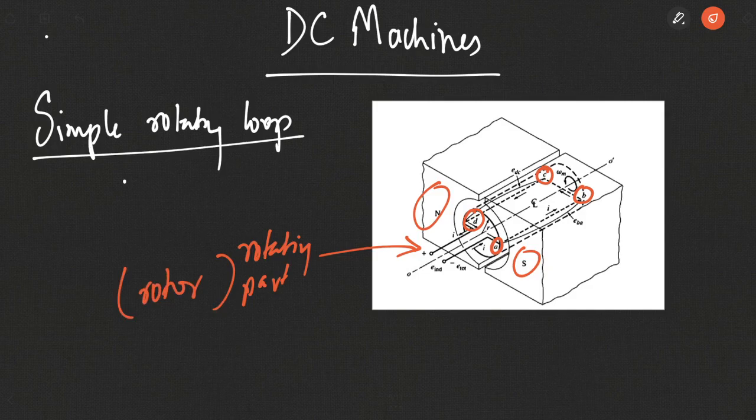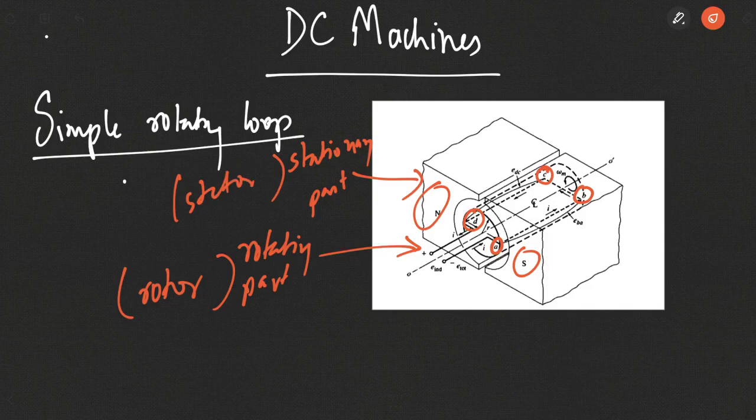The rotating coil, whether it's for this linear machine or for real machines, even if we are talking about AC machines, the rotating part will be referred to as a rotor. The stationary part, the magnets in this case, is called the stator. This is true for both AC machines as well as DC machines.